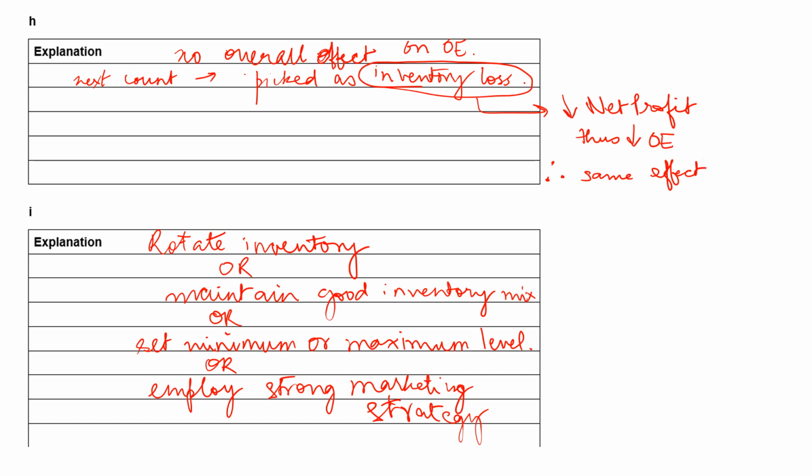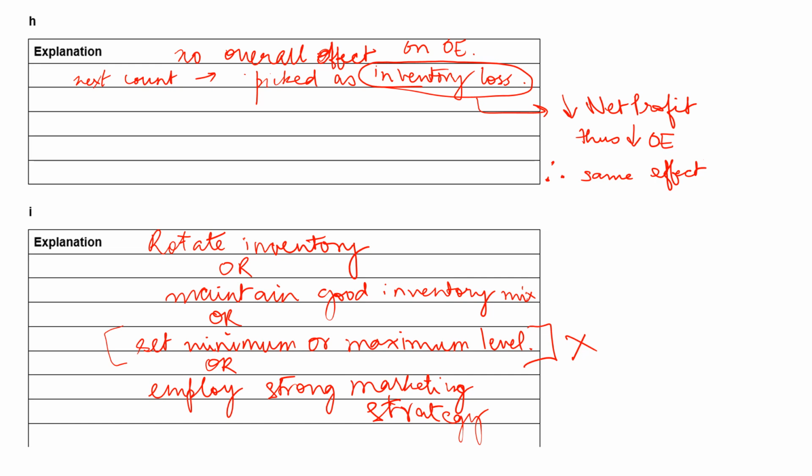Part I says, except for establishing the minimum and maximum levels of inventory, explain one inventory management principle that Mario should implement. So here I've listed a few, but remember the question says apart from this particular one. So leave that out and we can pick any of the others. One could be, for instance, and remember I've just listed it, but you need to explain it if this is the task word that's used in the SAC or the exam, which is explain, okay, not just list it or state it.